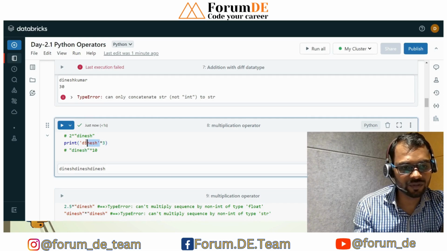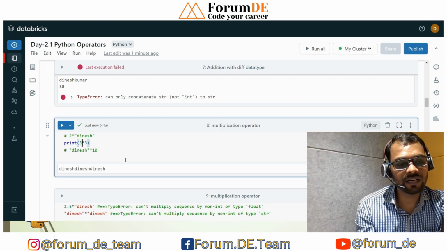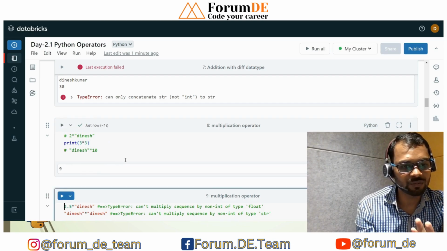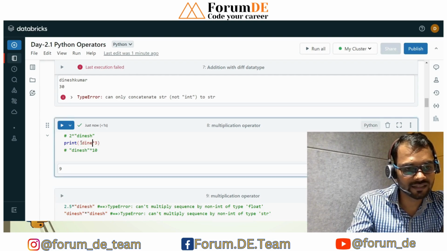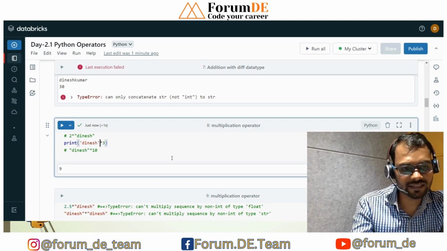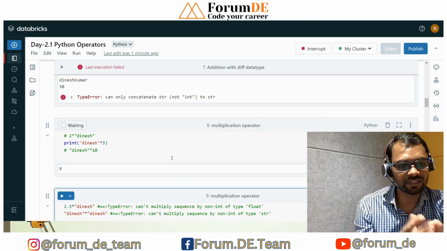Now if I multiply 3 with 3, it will do the multiplication and the output will be 9. Got it? If the data types are the same, it will multiply; if they are different, like string and integer, it will do the repetition.